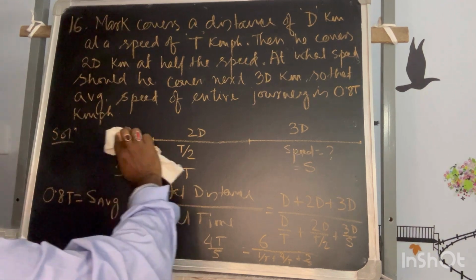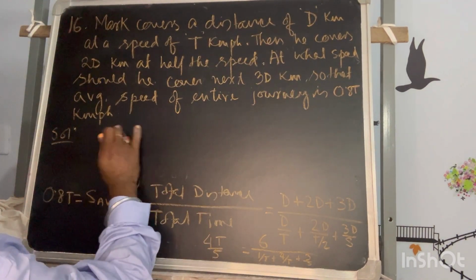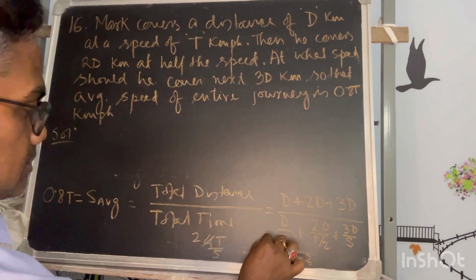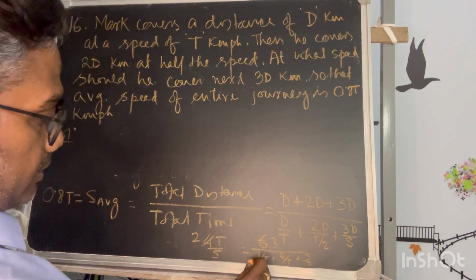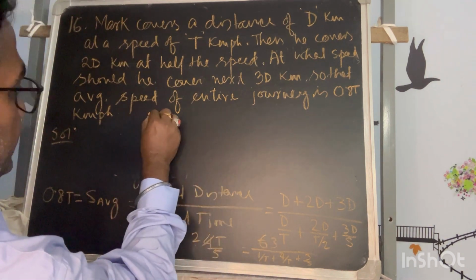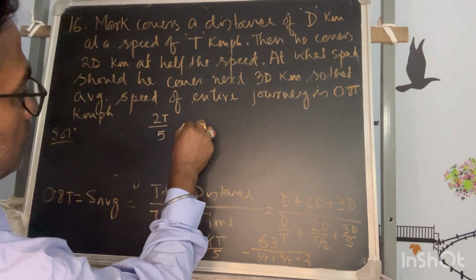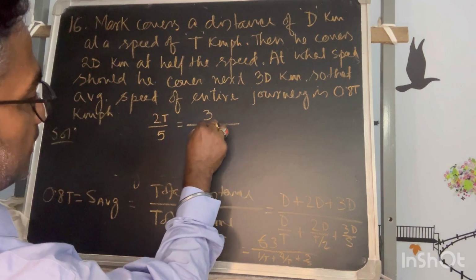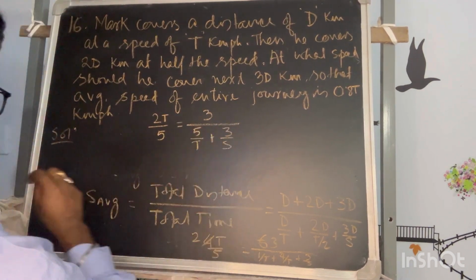Now, reducing further before doing the calculation, 1 by t plus 4 by t is 5 by t. So 6 upon 5 by t plus 3 by s equals 4t by 5.